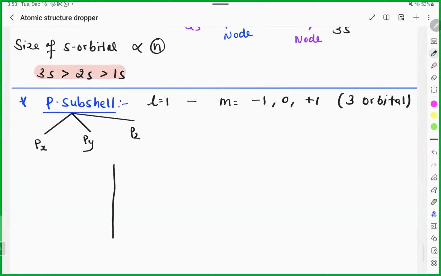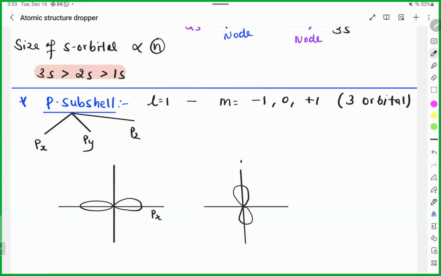How? See, you know p orbitals are dumbbell shaped. Correct? So this is the y-axis, py.